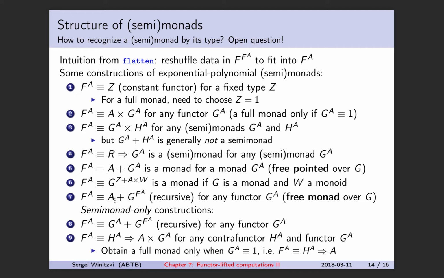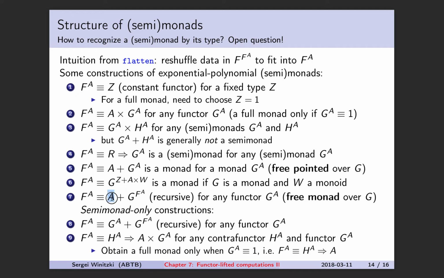Now, we have seen this construction in the examples, and this was the G-shaped tree functor. So the G-shaped tree, in other words, a tree with G-shaped branches. That's exactly this construction.